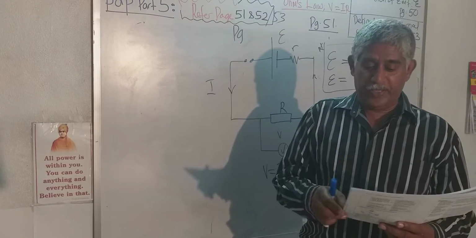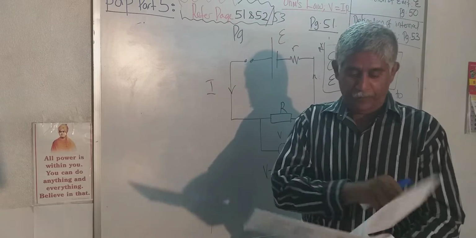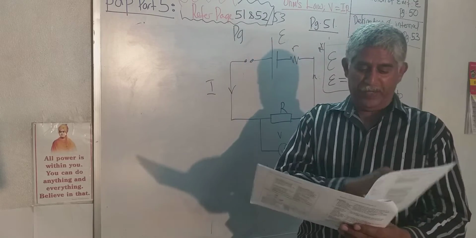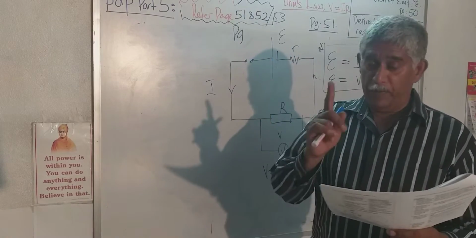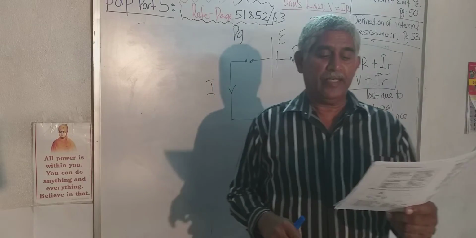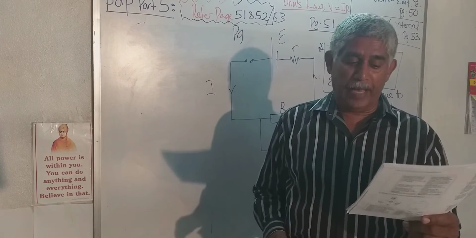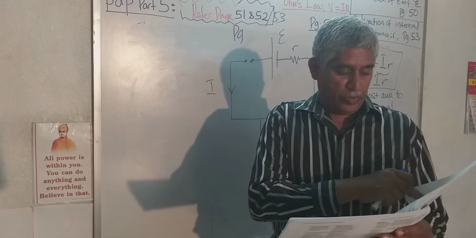After which I expect you to solve more problems at page 54. I'll only solve one problem. In the next class, in our PDP 6, I'll discuss solutions for the remaining problems from page 54. There's one question there.